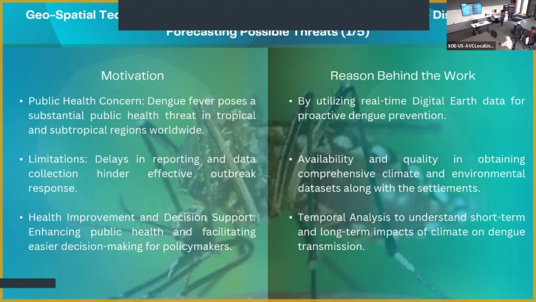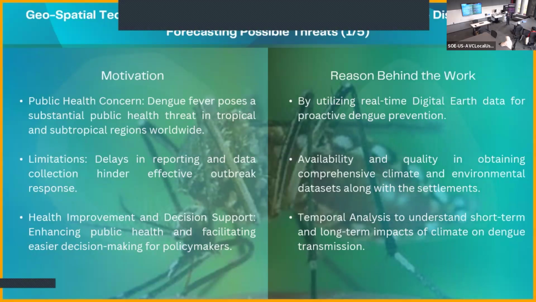So we try to detect the different types of features, you can say the favorable habitats where the mosquito would like to grow. So we try to detect and predict dengue fever, or different types of vector-borne diseases such as malaria and leishmania, because it's a very huge disease burden in the tropical and subtropical regions, and it's very difficult to cope because still there is no vaccination for the vector-borne diseases.